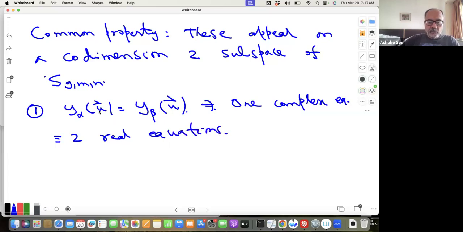If you are using u to label the section SGMN, we don't have to use u; you can use any other parameterization. If you choose to use u, we can see that there are two real equations on u, because they are given functions of u for a given choice of section. That means that the singularity is codimension 2.